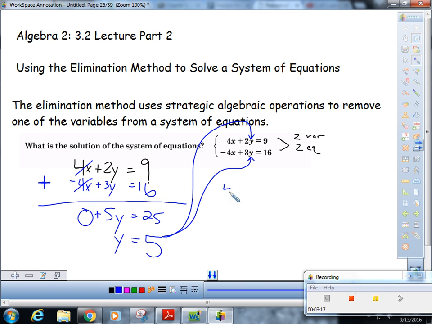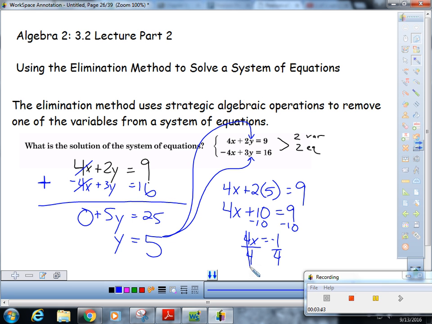So, 4 times x plus 2 times 5 equals 9. I took out the y and I put in the 5 because y is 5. So you get 4x plus 10 equals 9. Subtract 10 from both sides. You get 4x equals negative 1. x is not 4. x is negative 1/4, okay?